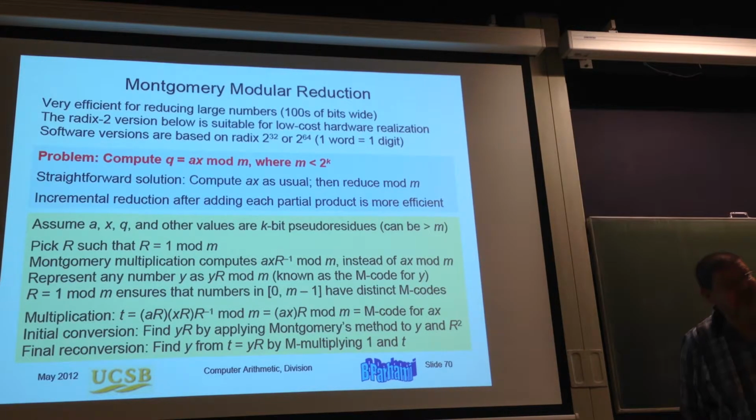This is an important part in arithmetic, Montgomery reduction, but it is not explained enough in the book, and in order to cover it enough, we have to spend more time. This is essential for cryptography. The solution is beautiful, it's interesting, and if you will ever do things with cryptography, just remember the Montgomery reduction.